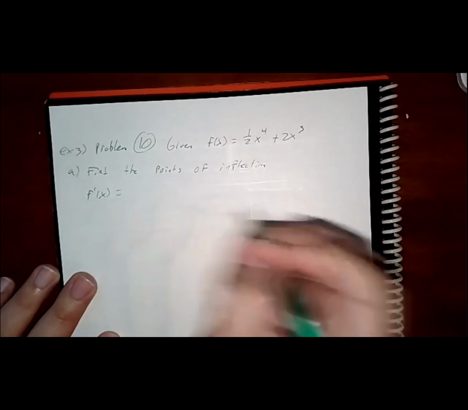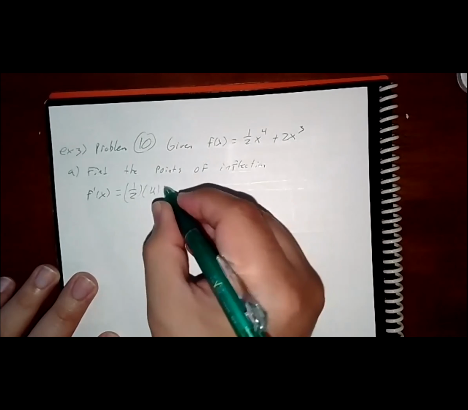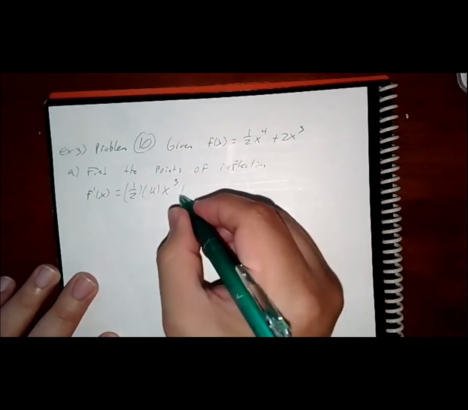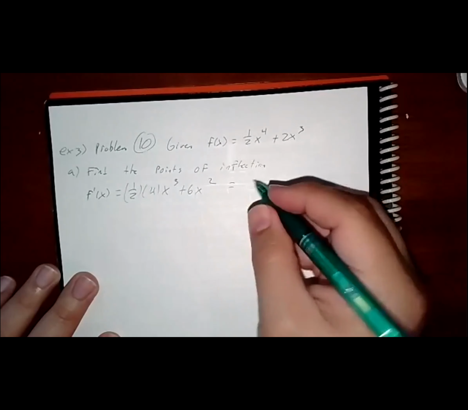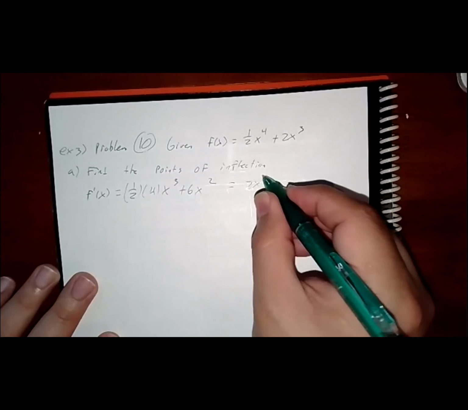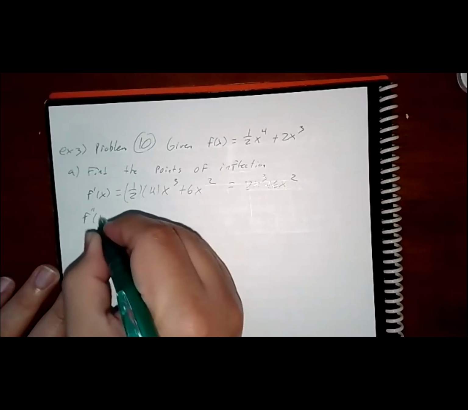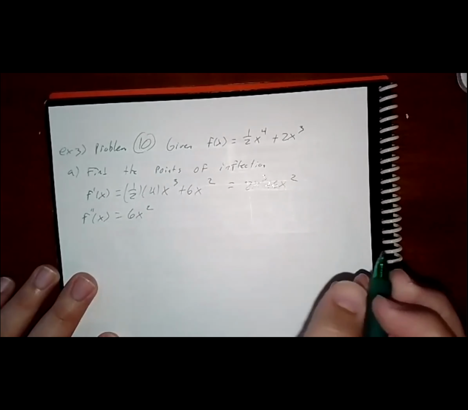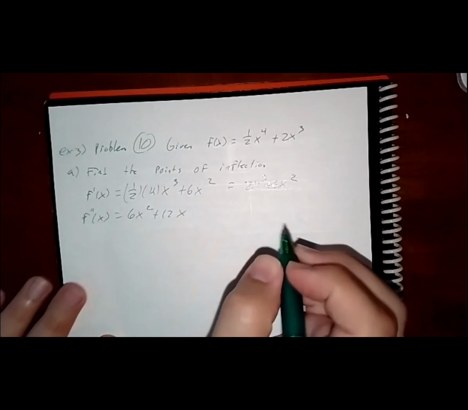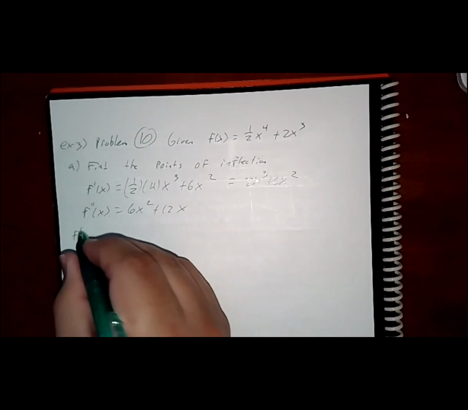We have to find the second derivative in order to do so. The first derivative is 1/2 times 4x cubed plus 6x squared, which is 2x cubed plus 6x squared. The second derivative will be 6x squared plus 12x.